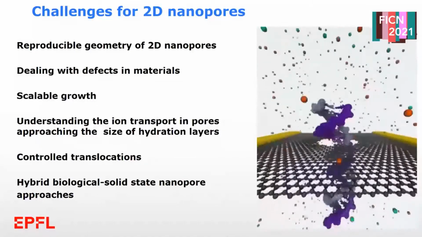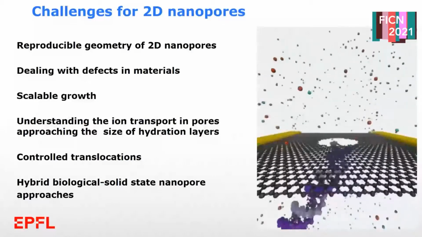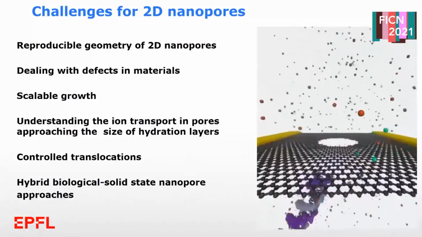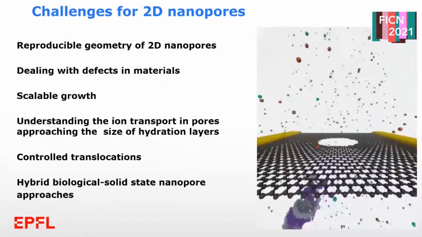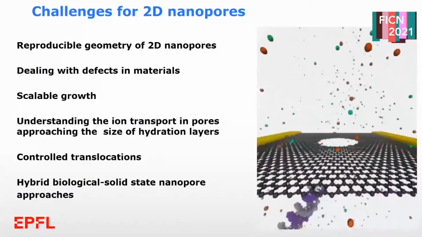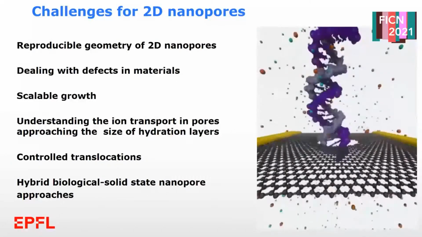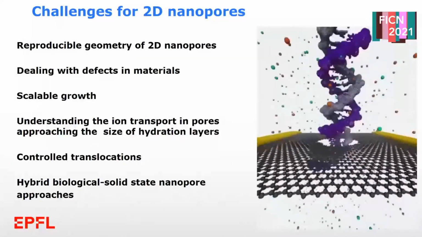An obvious limitation of our pores is that we do not have controlled translocations, and we are working towards this by developing other techniques such as the scanning ion-conductance microscope that I will address towards the end of my talk.